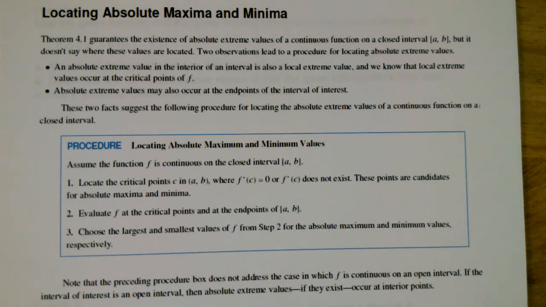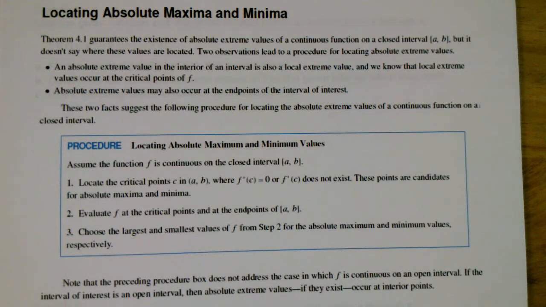One: an absolute extreme value in the interior of the interval is also a local extreme value, and we know that local extreme values occur at the critical points of f. And absolute extreme values may also occur at the endpoints of the interval of interest. So these two facts suggest the following procedure for locating the absolute extreme values of a continuous function on a closed interval.